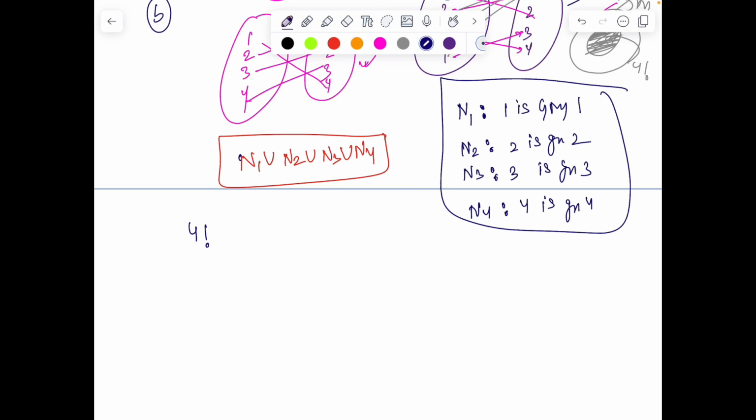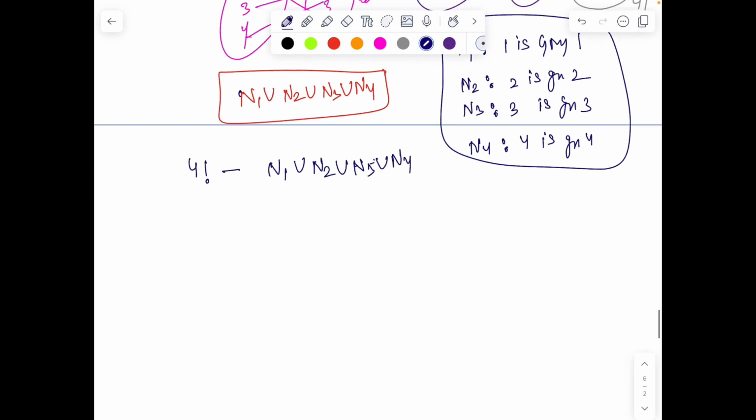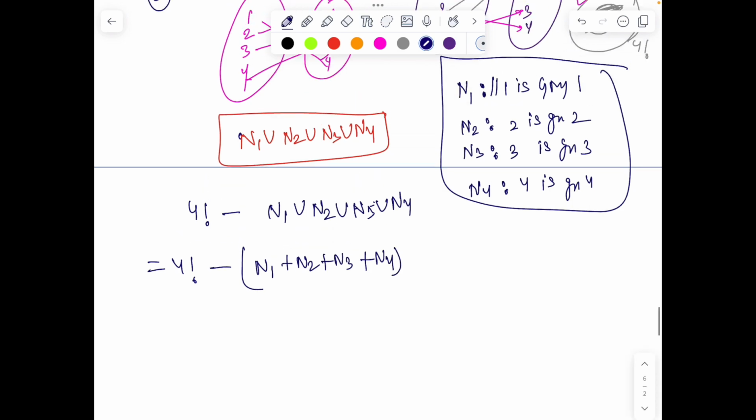Clearly this is a problem of derangement, but I'm not using the word because I want to solve it from fundamentals. So 4 factorial is the total number of objects minus the number of elements in this set. Now this decodes to 4 factorial minus (n1 plus n2 plus n3 plus n4), where these represent the number of ways in which 1 is going to 1, 2 is going to 2, and 4 is going to 4.